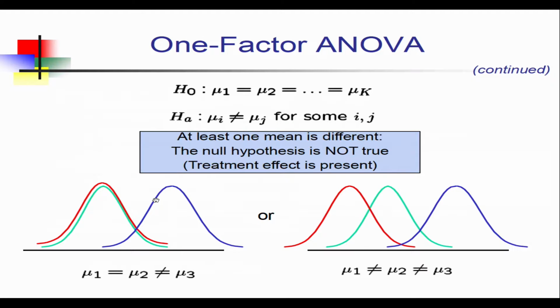Whenever at least one group mean is different from the others, we reject the null hypothesis. This is our alternative hypothesis. For either of these situations, we reject the null hypothesis. Here, one is different from the other two, we reject the null hypothesis. In this one, all three are different, then we still reject the null hypothesis. Okay?